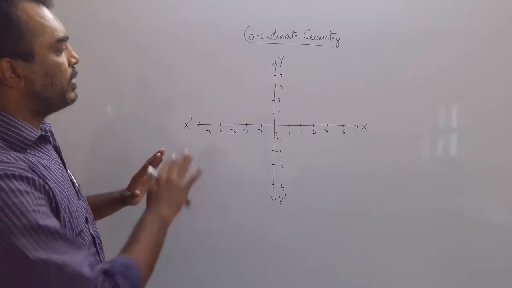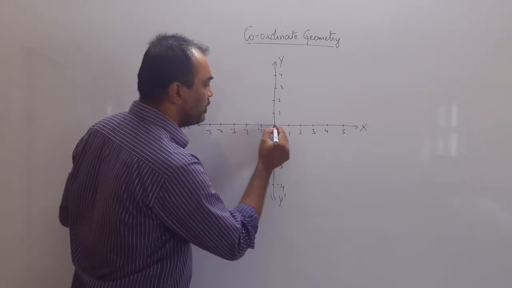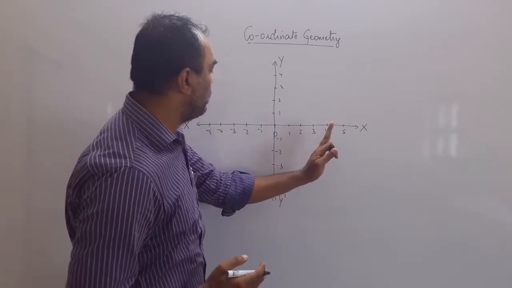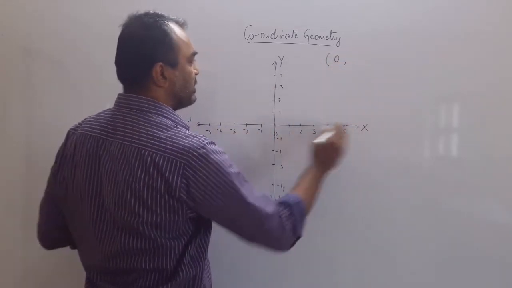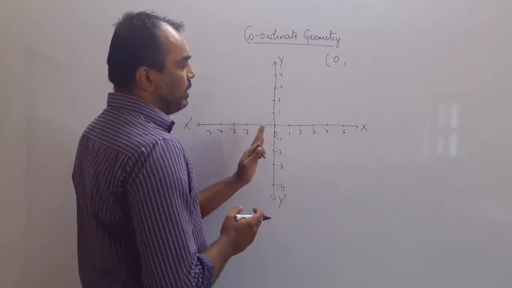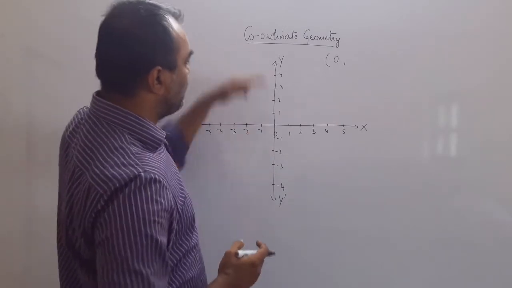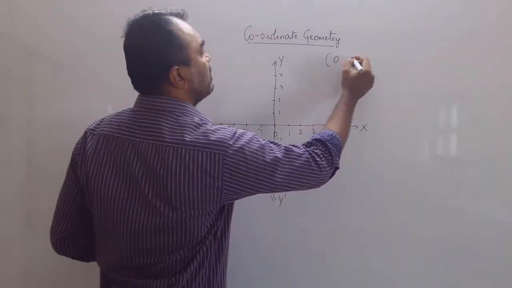So in these 4 parts, now this is my origin. If you see this point, it is neither to the right, neither to the left. So it is exactly 0. The first is written on the x-axis. 0 means neither to the right, neither to the left. On the vertical axis, it is neither to the top, neither at the bottom, exactly in the center.